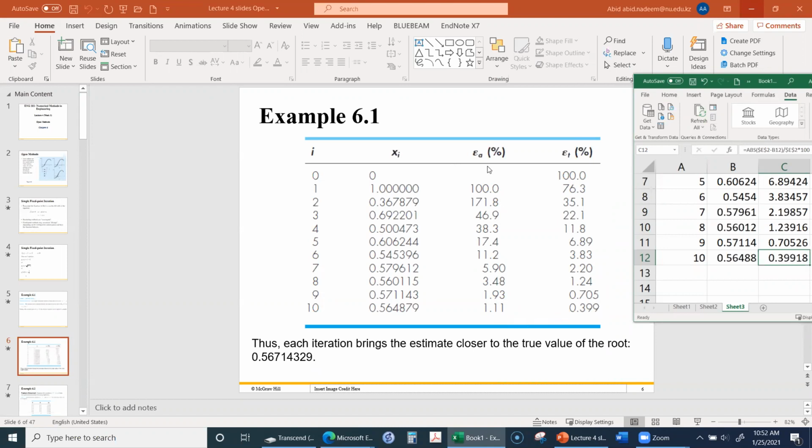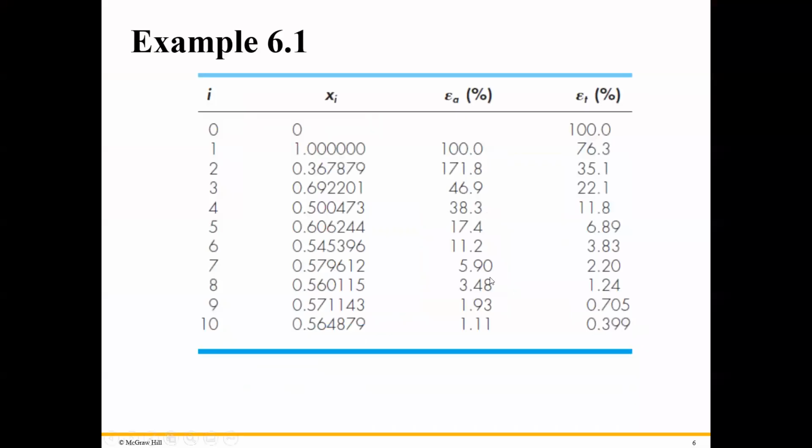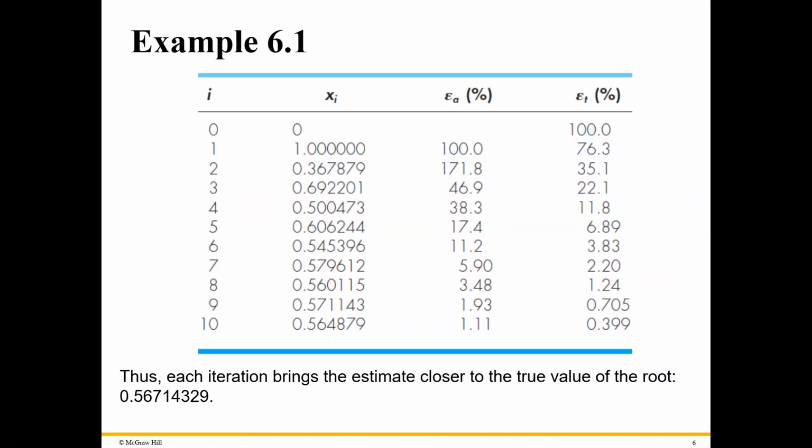Similarly, we can also find the approximate percentage relative error as well, and the final result is 0.564879. So in this case, we can see that after the 10th iteration, we have found that 0.564879 is the root of this equation.